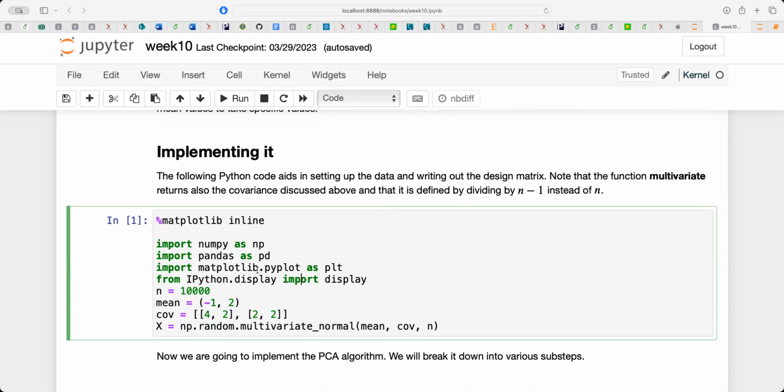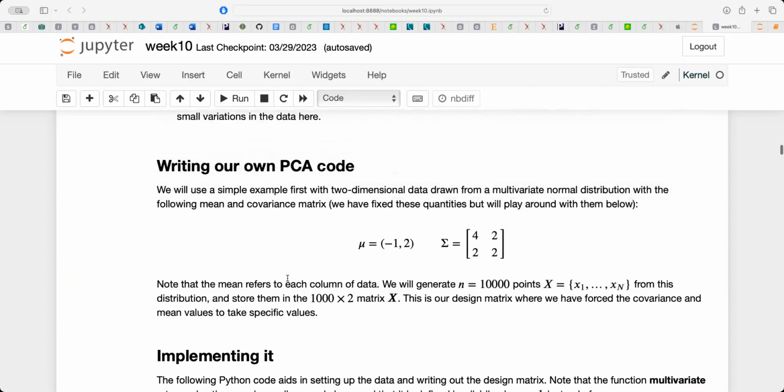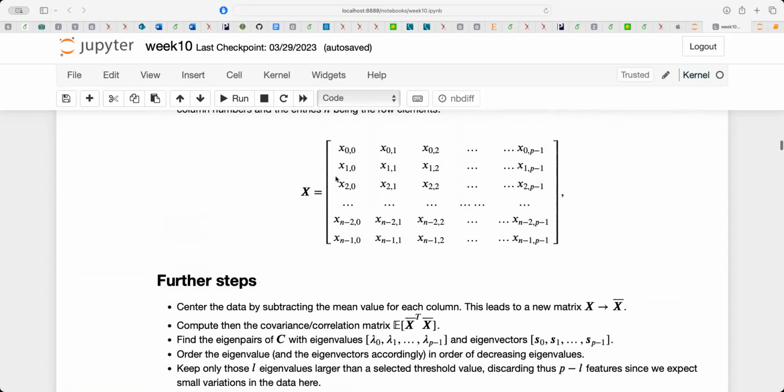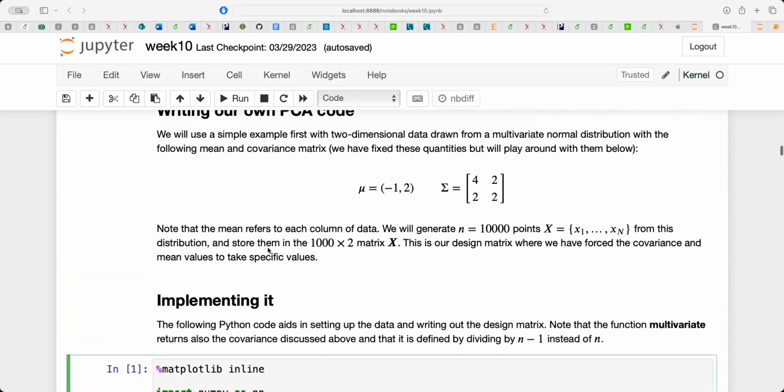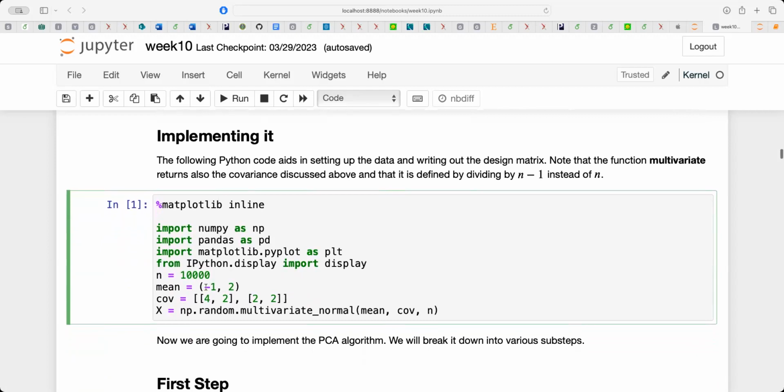So I'm producing these 10,000 random numbers, which will be the 10,000 rows here, but I force this to have a specific covariance and a specific mean. When you call a normal distribution or Gaussian, you specify the variance and the mean value. This is what I'm doing here, except that now I have a multivariate distribution.